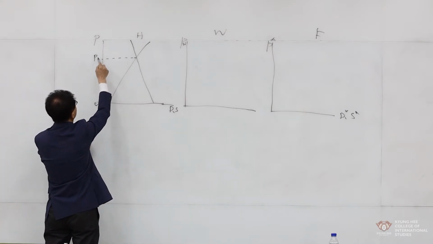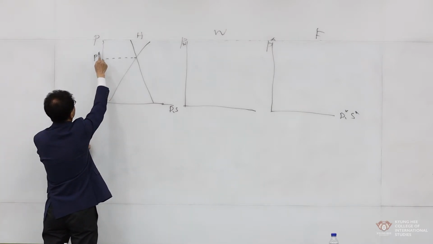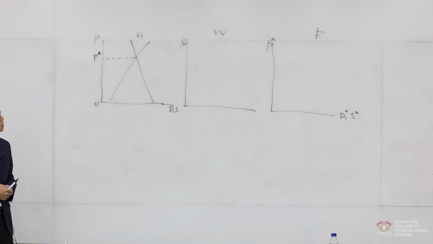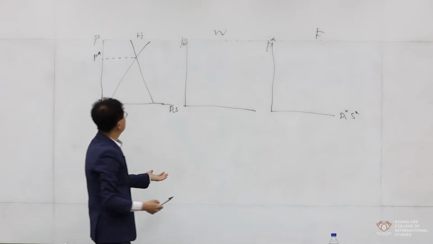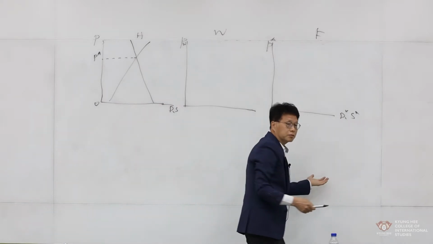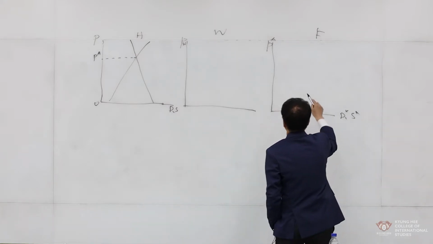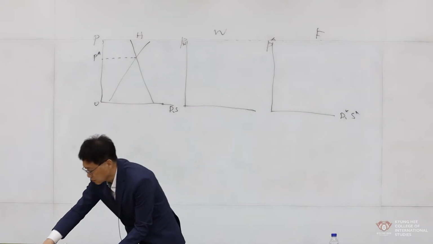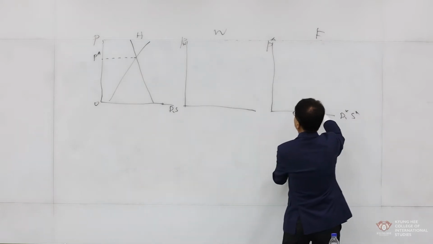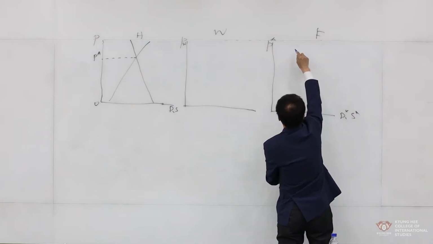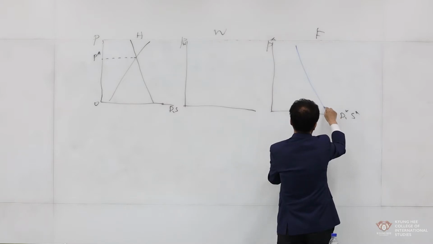That is PA, like this, right? The autarky price. And Australia has comparative advantage in this one, so it is featured by a lower autarky price. That is the Australian demand.